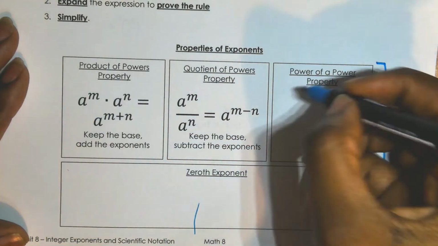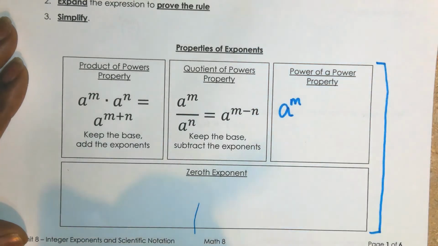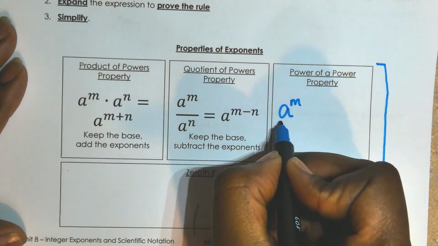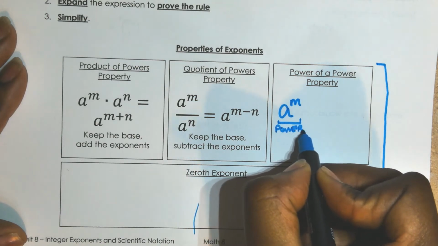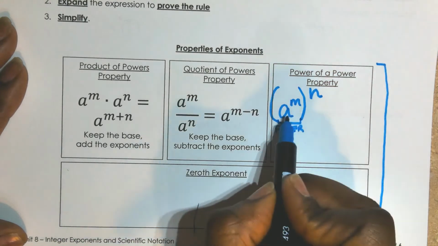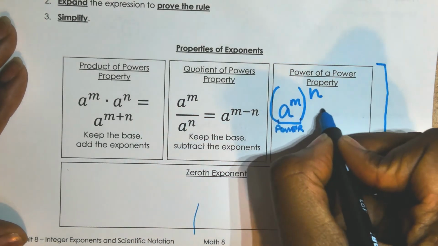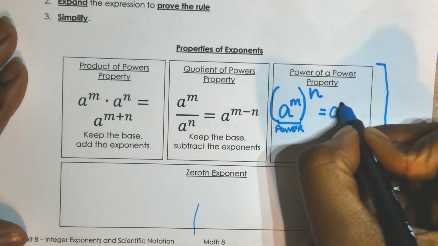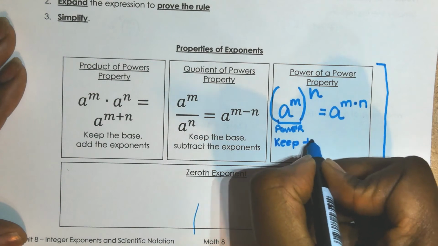So, power of a power property: when you have a number that's already raised to an exponent, and we'll call this a power, and it's being raised to another power, so it says a to the m raised to the n power, what you will do is keep the base and multiply the exponents.